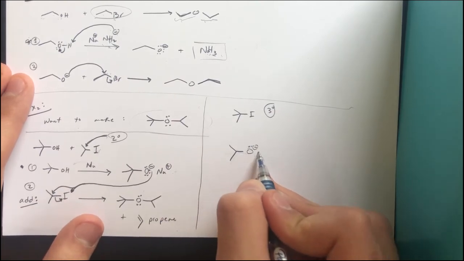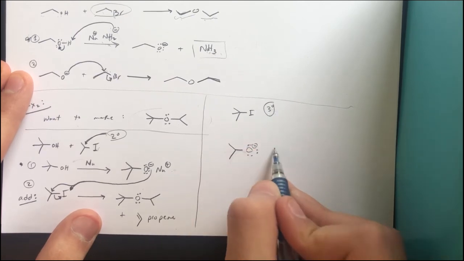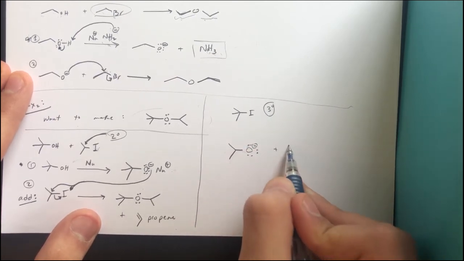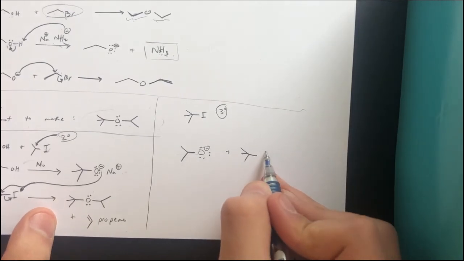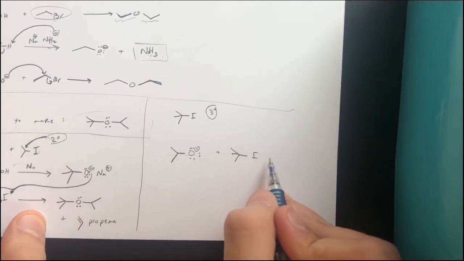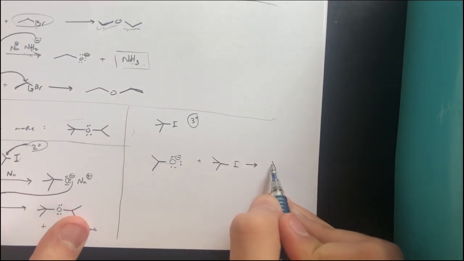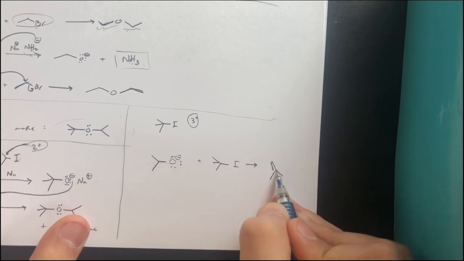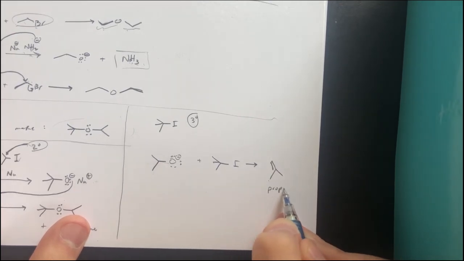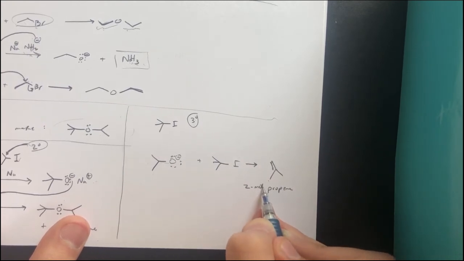And since it's a tertiary alkyl halide, it will just perform an E2. So the reaction will give us only this product, 2-methylpropene.